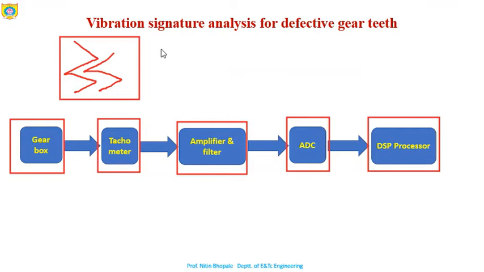The DSP processor will store these values, and I expect that the values which the DSP processor saves correspond to a certain wave. So this is for the system without a fault.